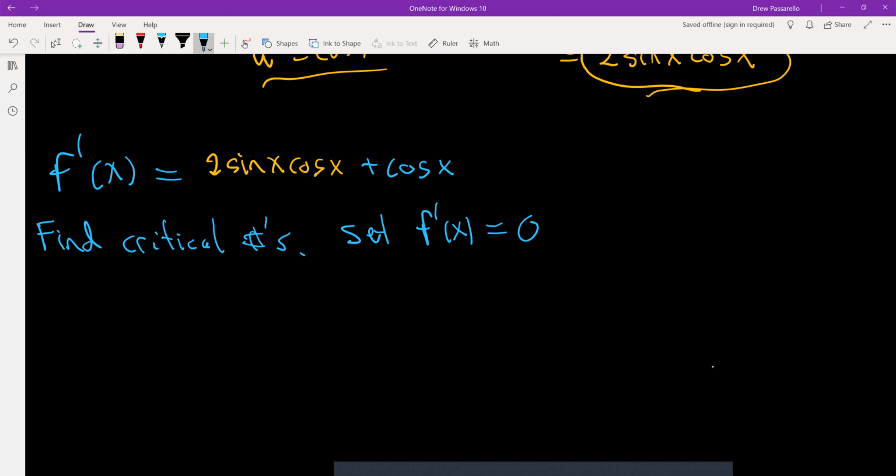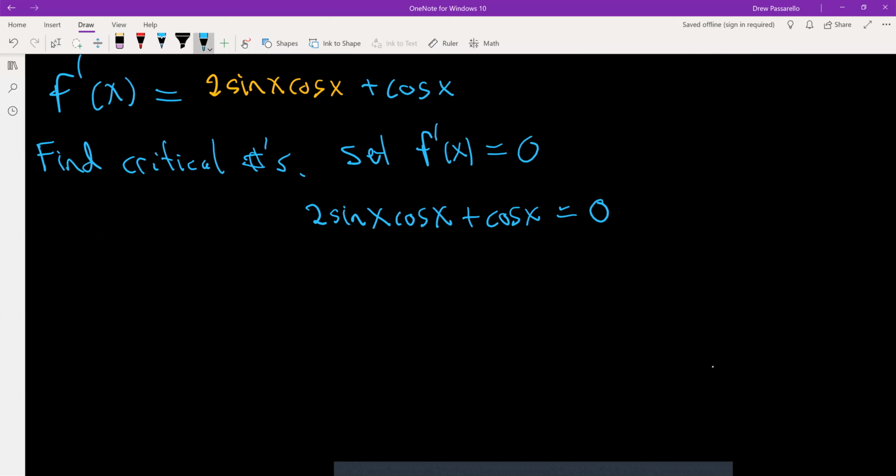So I set 2 sine x cosine x plus cosine x equal to 0. All right, I can factor out cosine, and that'll give me cosine x times 2 sine x plus 1 equal to 0, and I have two cases.